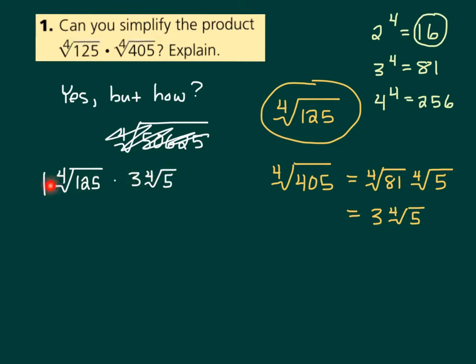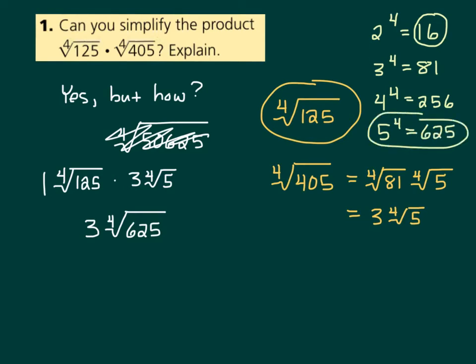So when we multiply these together, we get 3 times the fourth root of 625, which is 5 times 125. 5 to the fourth, our next perfect fourth power, is 625. This comes in handy because now this is 3 times 5, which is 15.